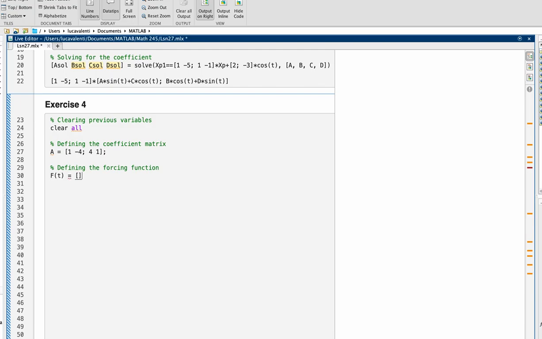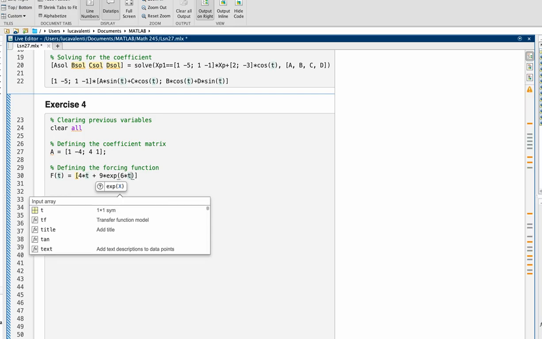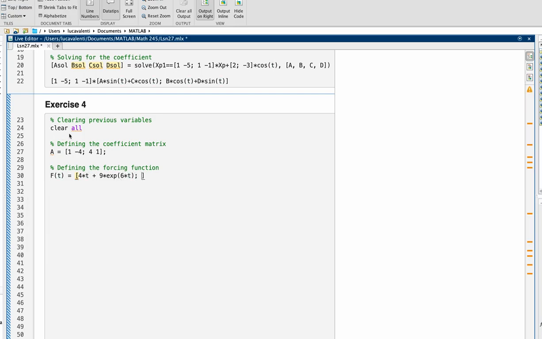That is 4 times t plus 9 times e to the 6t, and then I have negative t in the second row plus this part right here, e to the 6t. And I don't want it to output, so I put a semicolon.